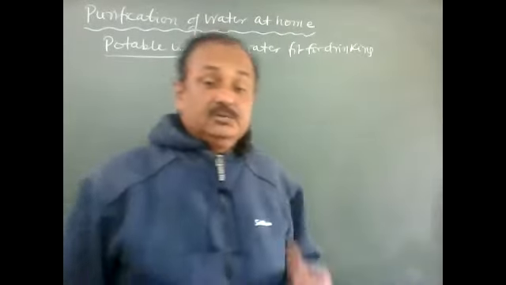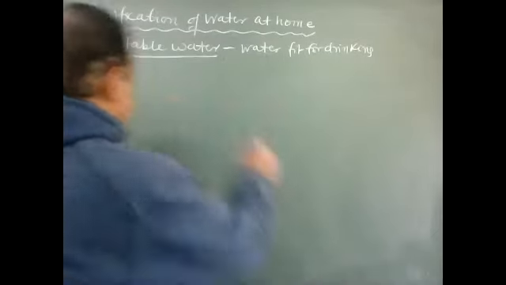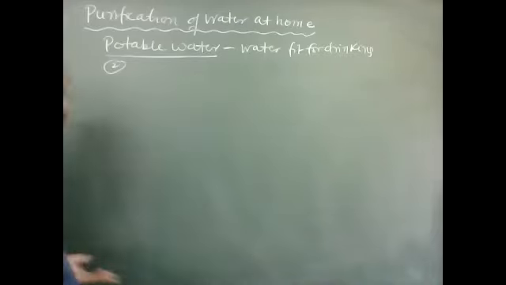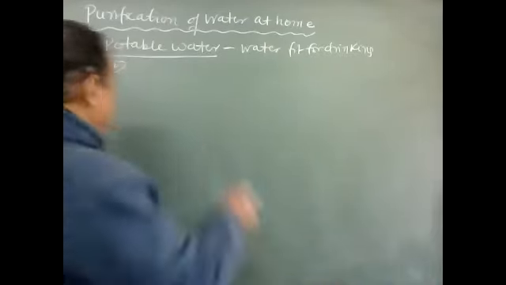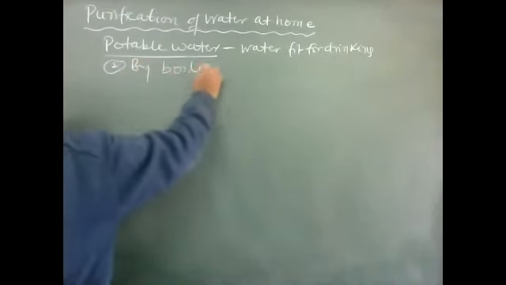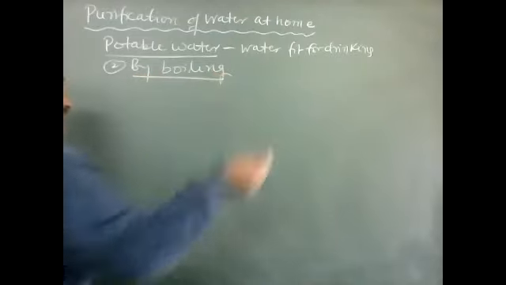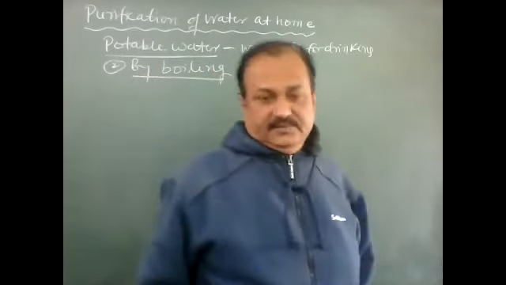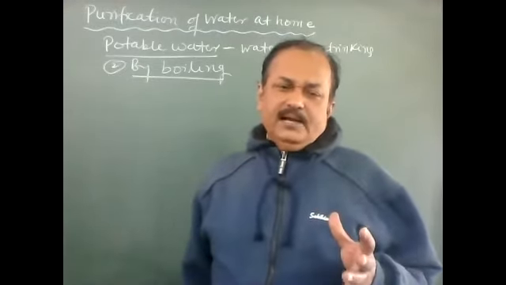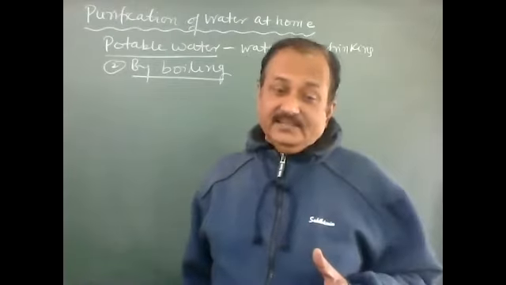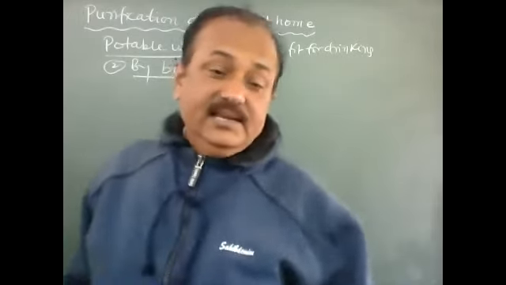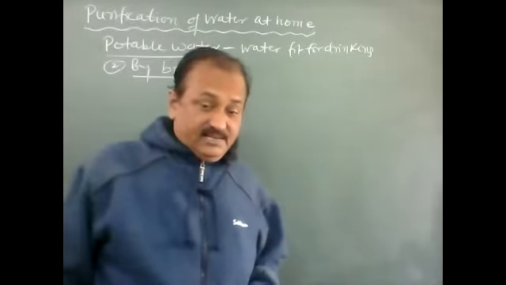Now children, I'm going to explain some more ways how to get the pure water or potable water free from impurity. So, by boiling. Boiling is a very old method of purifying water. On boiling, we simply kill some bacteria. Only the bacteria or any harmful organisms are killed, nothing else.